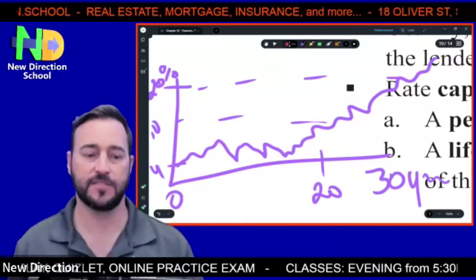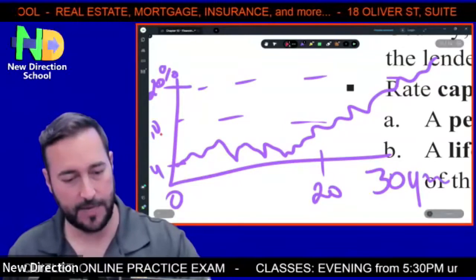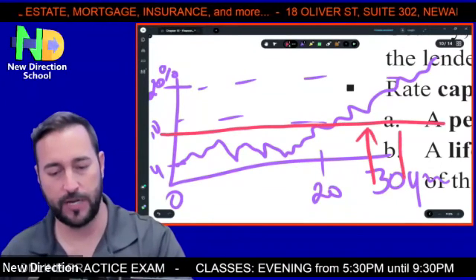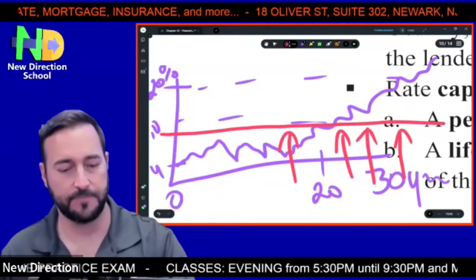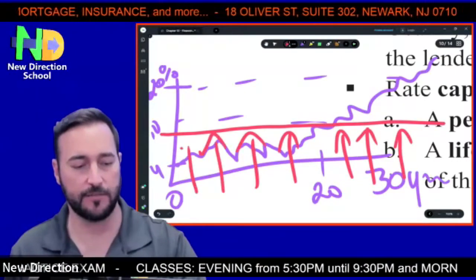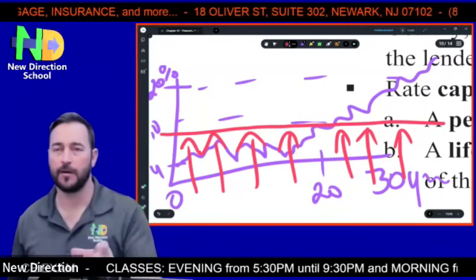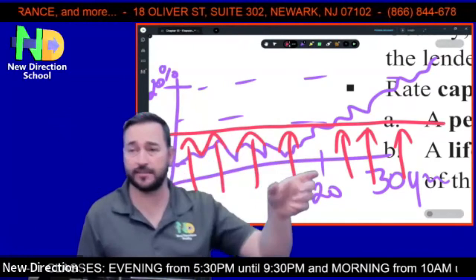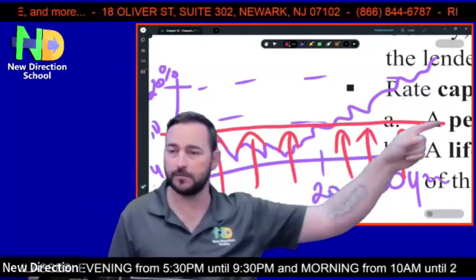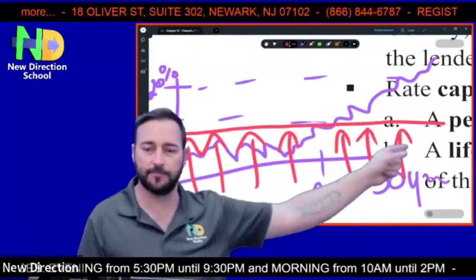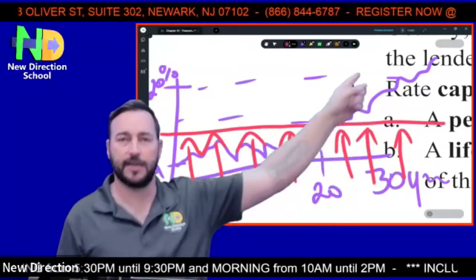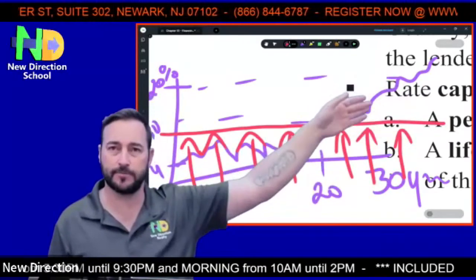The lifetime ceiling says that it doesn't matter what happened to the market, your interest rate will never go above this, even if they keep on increasing. Because remember, at every adjustment period, there's an increase of 2%, let's say. If it keeps on going like that, we get to 12%, and then 14%, and then 16%, and it just keeps on going up.